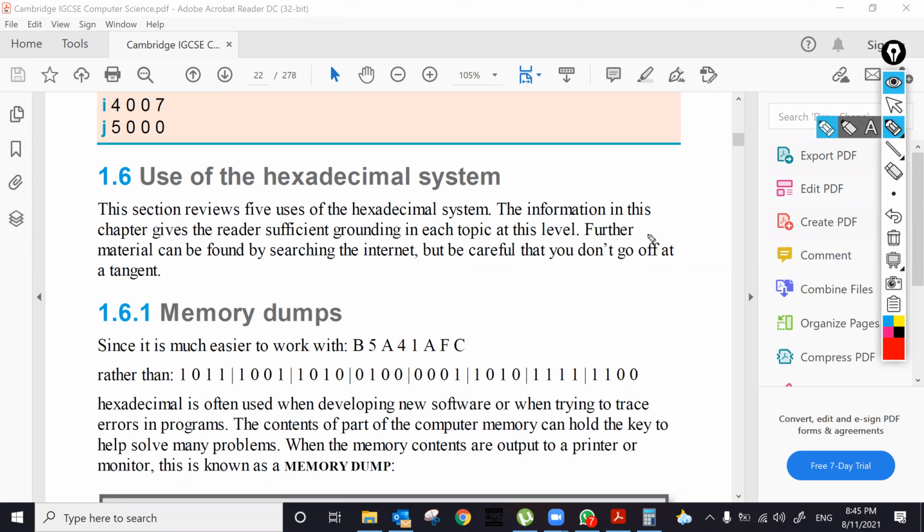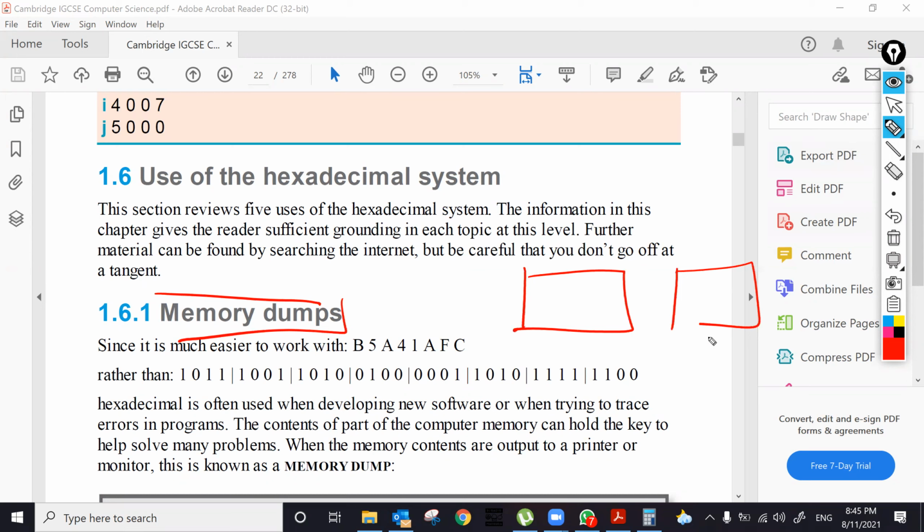Okay, right. Here, the memory dump is like this. Say I am using my laptop or desktop, and suddenly a blue screen comes up with some unknown text. Actually, it is not unknown text, it is using hexadecimal numbers.